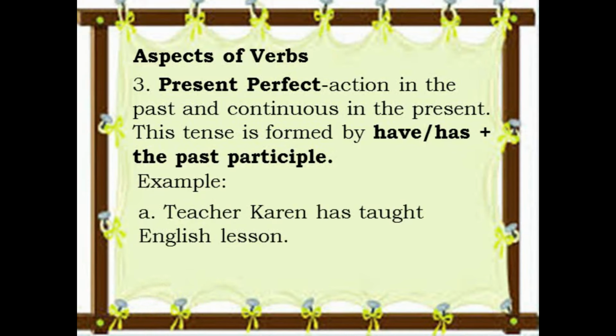Example: Teacher Karen has taught English lesson. Subject, Teacher Karen. Since Teacher Karen is singular, we will use the helping verb has plus the past participle form of the verb teach.